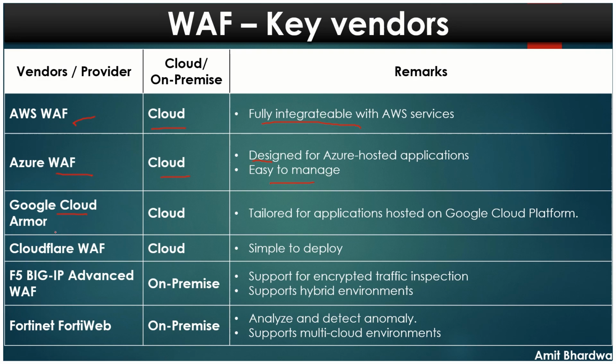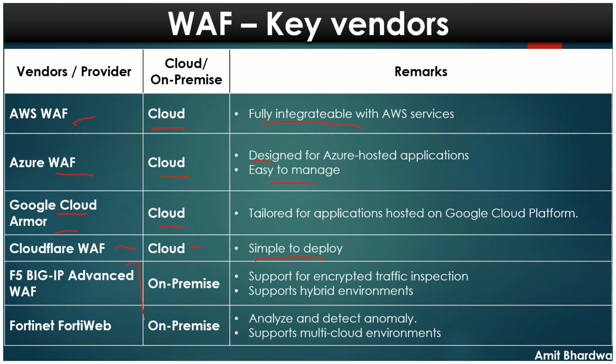Next is Google Cloud Armor, which is again a cloud-based offering tailored for applications hosted in Google Cloud Platform. Next is the Cloudflare WAF, which is again a cloud-based offering with a simple-to-deploy setup, and it is robust for small applications also, with plans which are basically free.